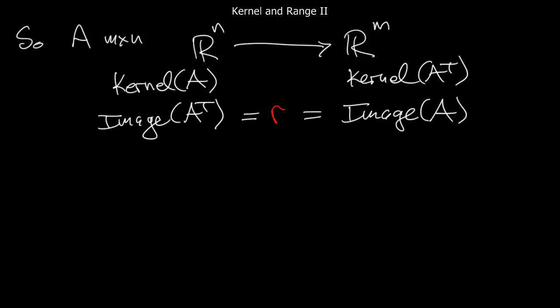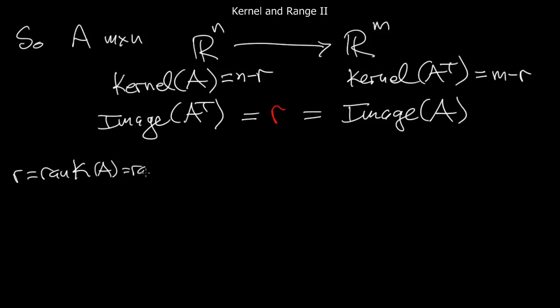So I wrote equals here for the dimension. Both of those images have dimension equal to the rank of A, which is equal to the rank of A transpose. So that says this kernel has dimension n minus r, and this kernel has dimension m minus r.